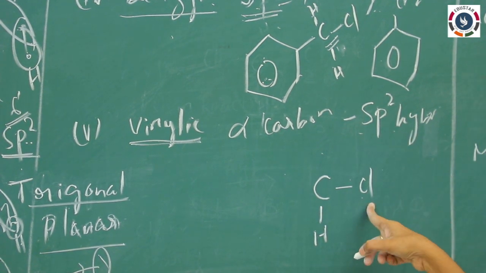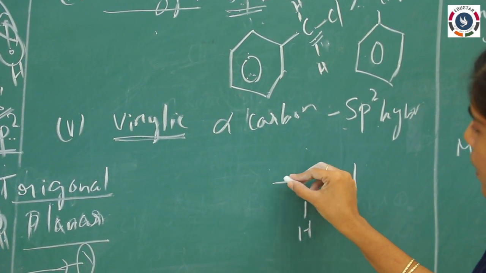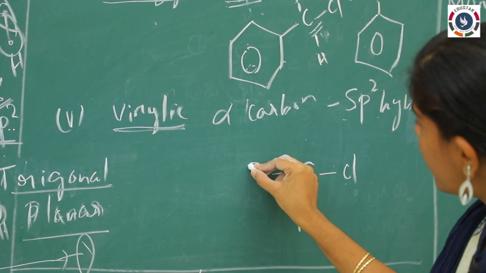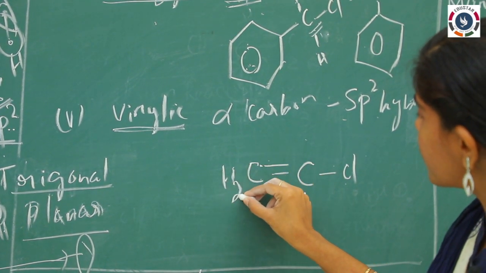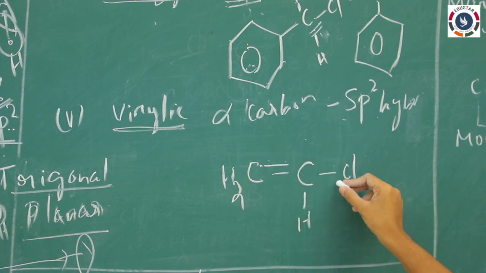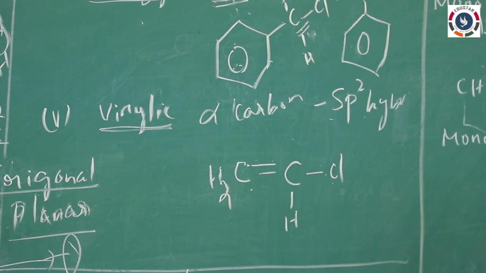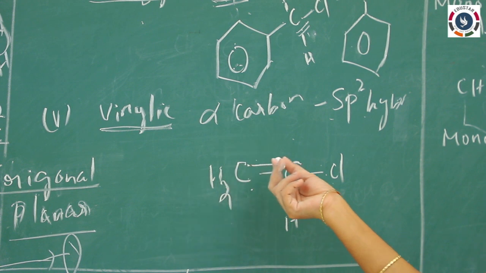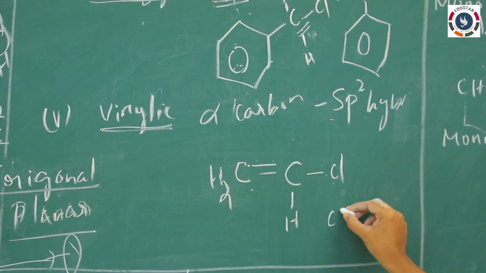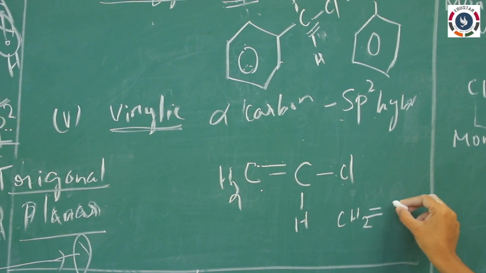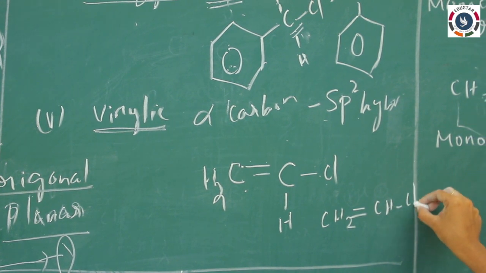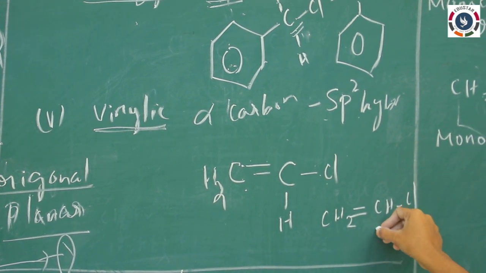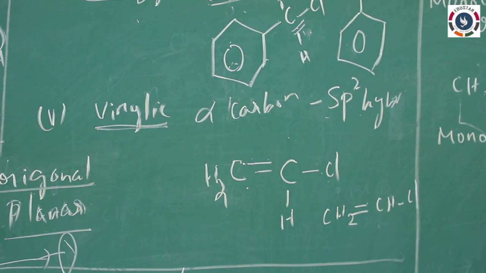So, one is satisfied by halogen and another by hydrogen, and at the next place we will see a double bond. This is the vinylic group, CH2 double bond CH bond Cl. This is vinyl chloride. Okay. This is the vinylic group.